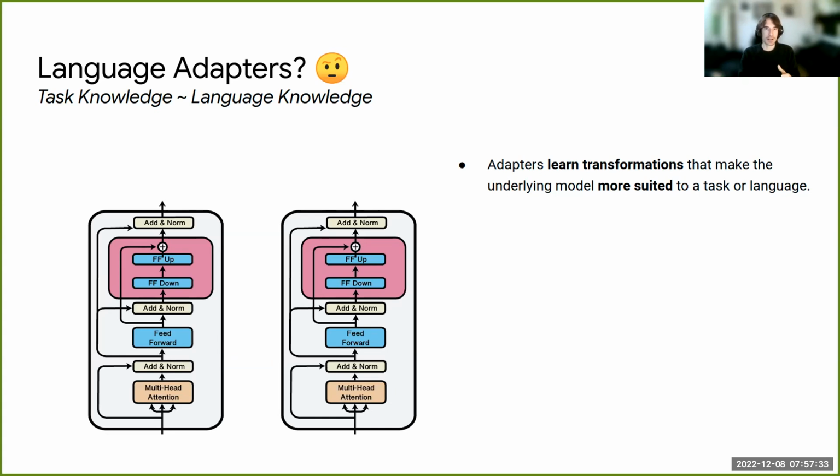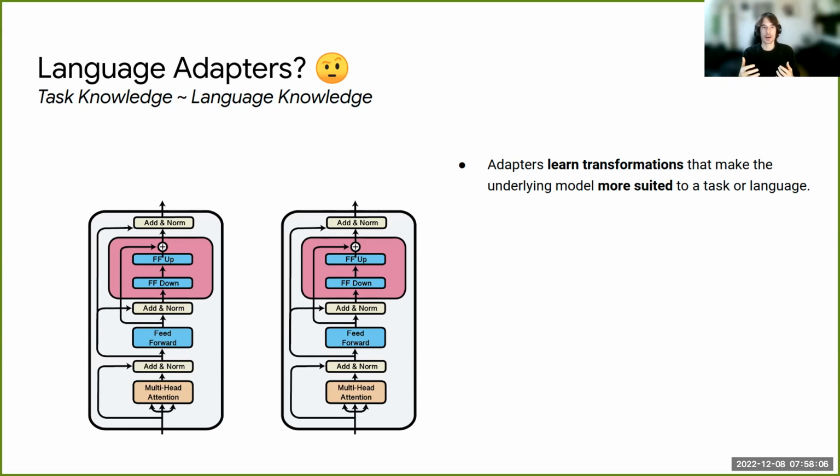So we talked about task adapters, but can we also learn what we call language adapters, where we will try to store general purpose language information into these adapters, which basically means doing the same thing as pre-training a multilingual model, but just forcing all the updates for a specific language to go to a dedicated set of parameters, which we will call language adapters.